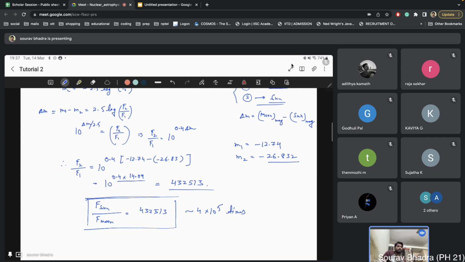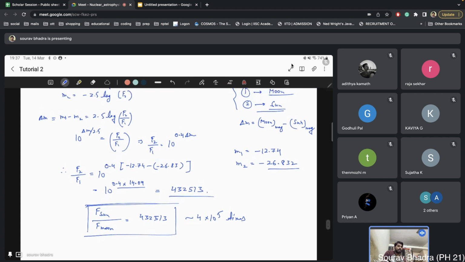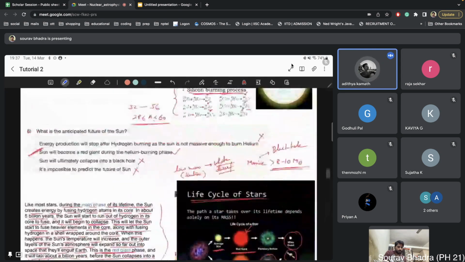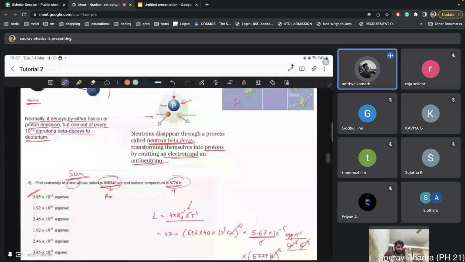So that's why the magnitude system is important for astrophysics, and I thought that I would discuss this particular thing at last. Now if you have any question you can ask, no problem. Right. Yeah. Yes.